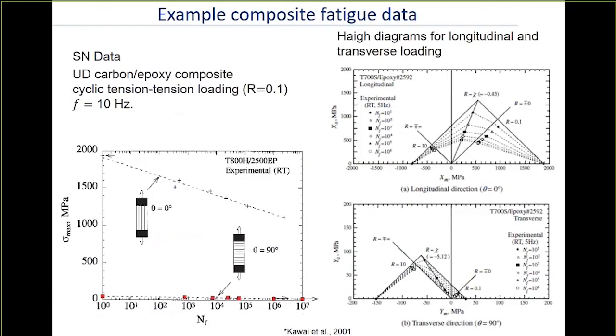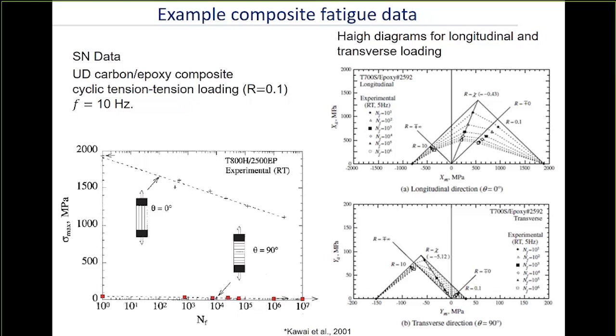Okay, so on this slide, I'm showing you some typical fatigue data for a unidirectional carbon epoxy material. The data comes from coupon tests. The coupons are cut from plaques, and they're cut at different orientations compared to the fibre direction.